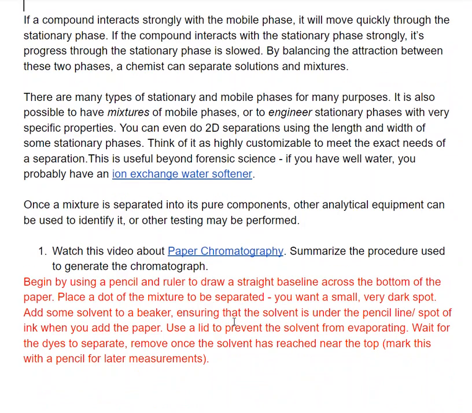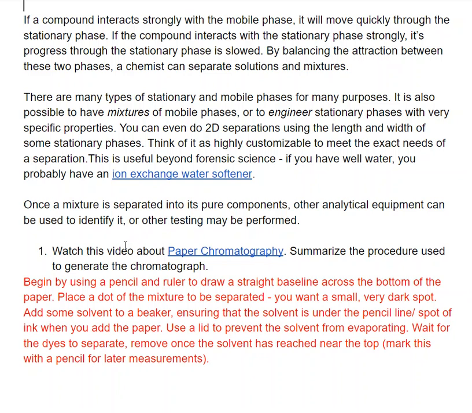So there's lots of types of chromatography, many types of different stationary and mobile phases for many different purposes. We can also have mixtures of mobile phases, or we can even engineer stationary phases that have very specific properties. You can even do like a 2D separation.